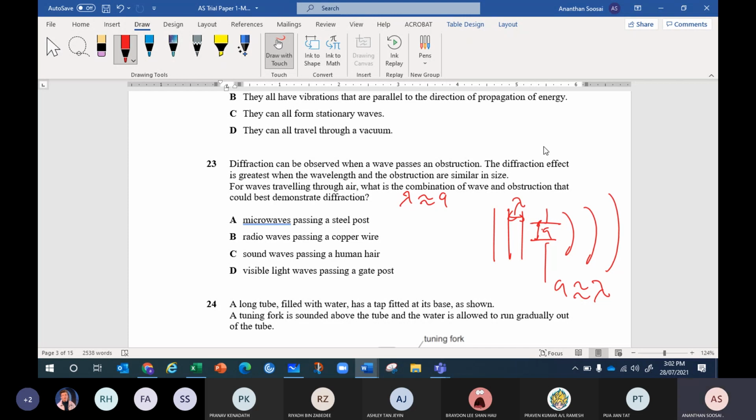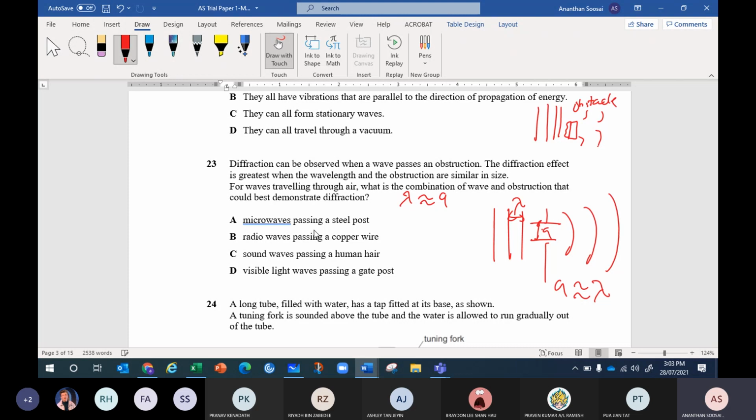Or let's say you have an obstacle, a block. When water passes the obstacle, diffraction also happens. In this case also the size of the gap should be about the wavelength.